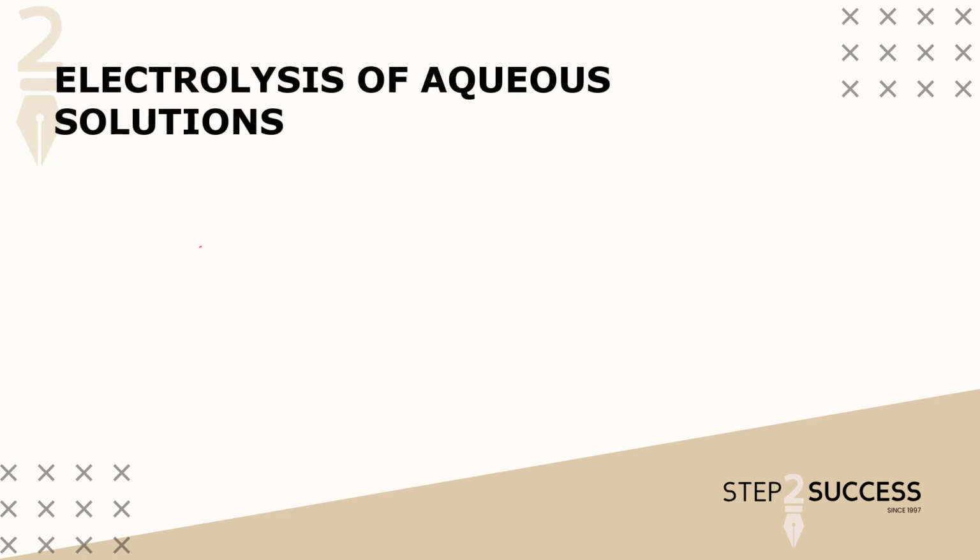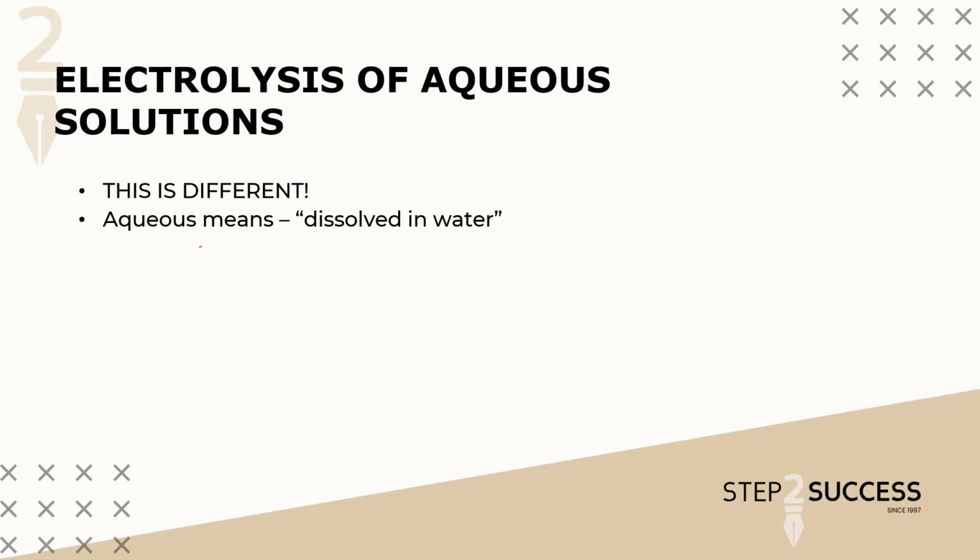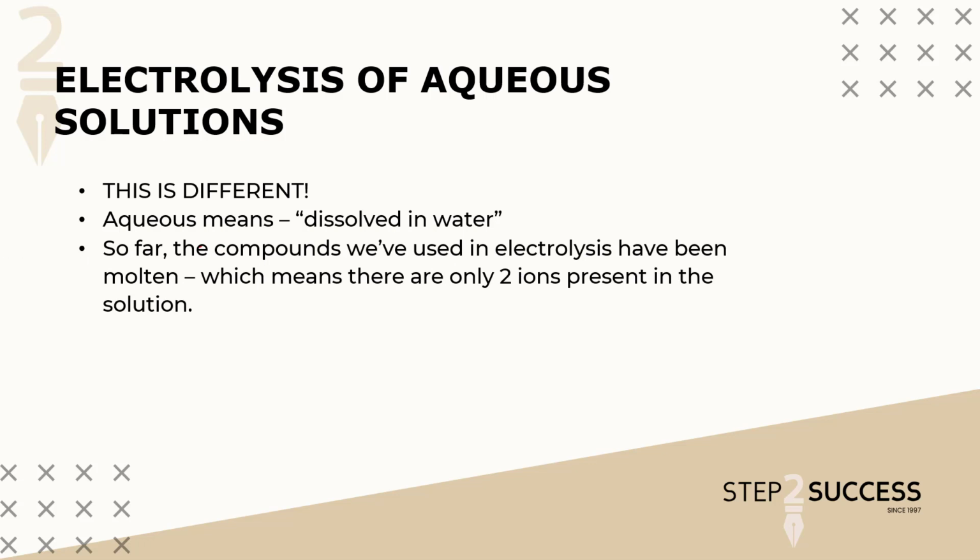What's next, though, is electrolysis of aqueous solutions, and as we're about to see in capital letters, this is different. Firstly, aqueous means dissolved in water, okay? So far, the compounds that we've used in electrolysis, like in the lead bromide example and the aluminium oxide example, the compounds were molten. We melted it, right?